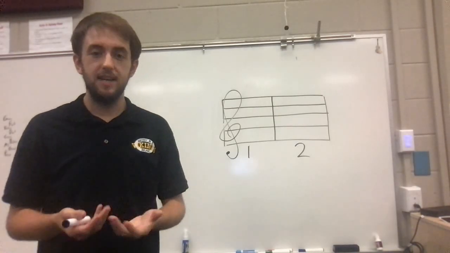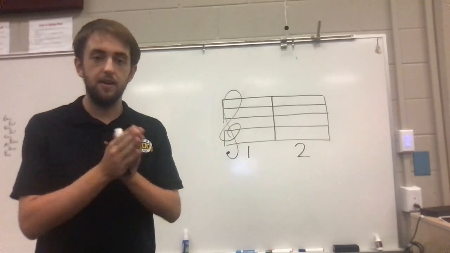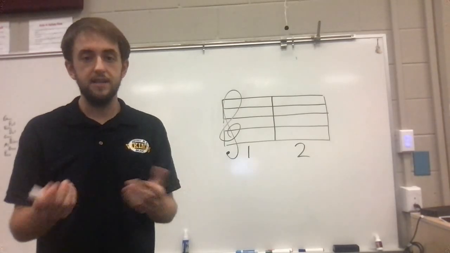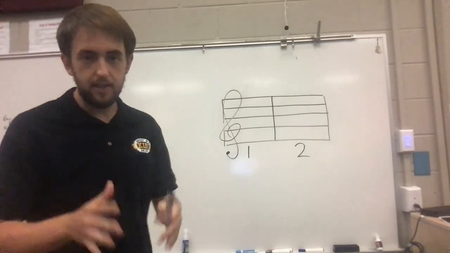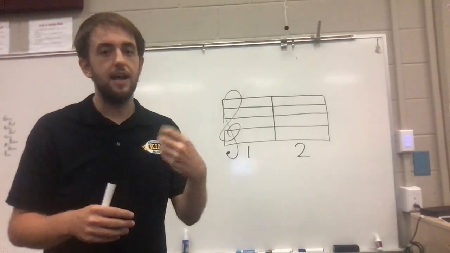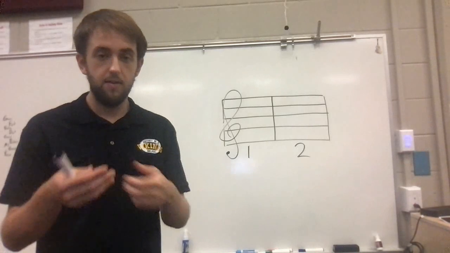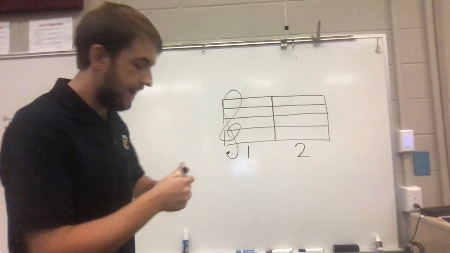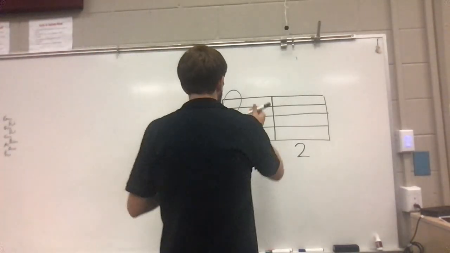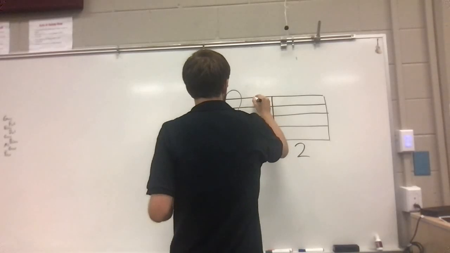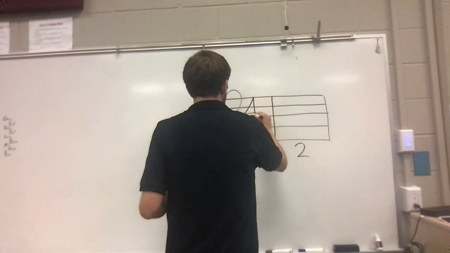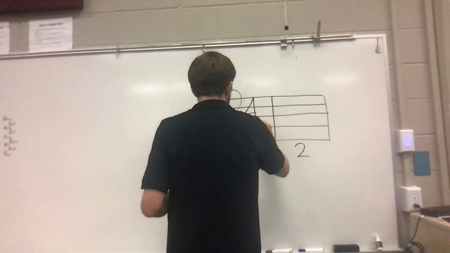So time in music tells us how many beats are in each measure. Typically, most music is written in either 3 or 4, predominantly 4. How can you tell you're in 4? Well, your music will have a big old 4 over 4.